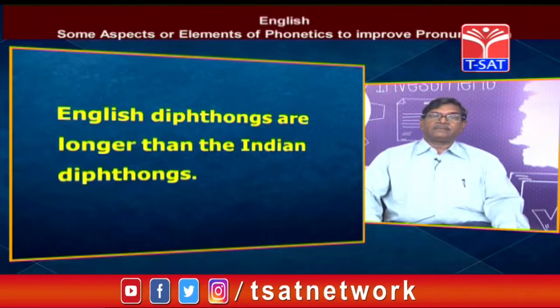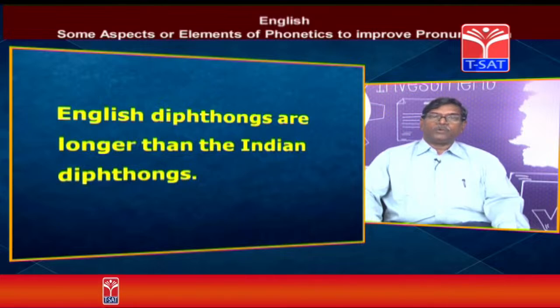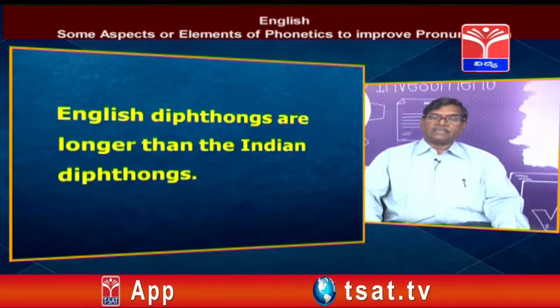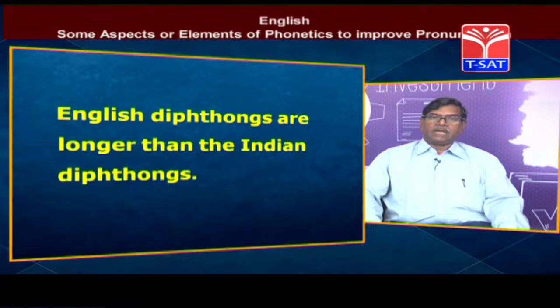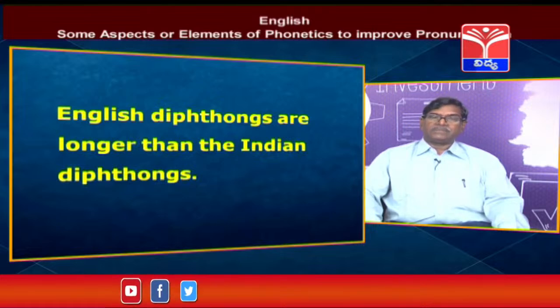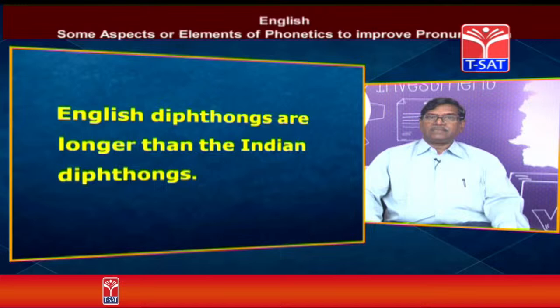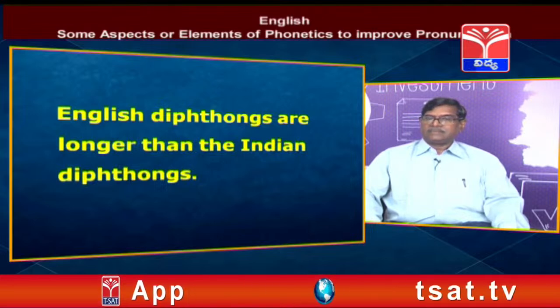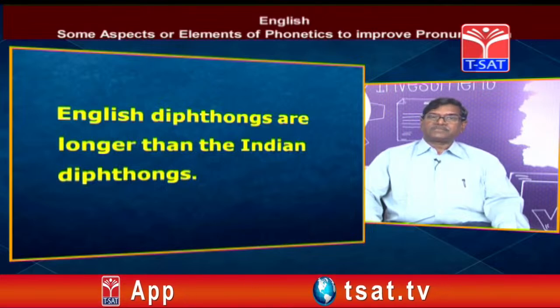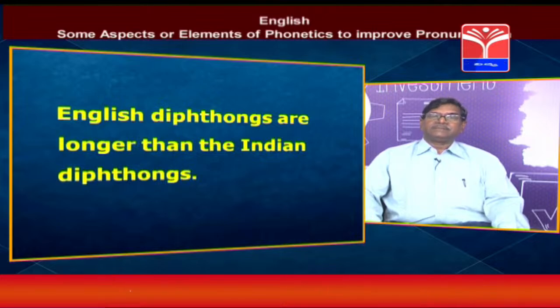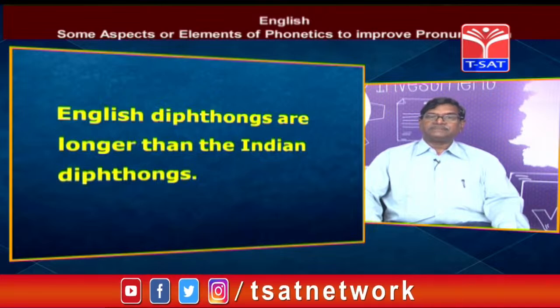We say I in Indian languages, and ow in Indian languages. Here in English, how, now, like that. English diphthongs are longer and they are uttered with a strong accent. There is accentuation. We come to that aspect sometime later.